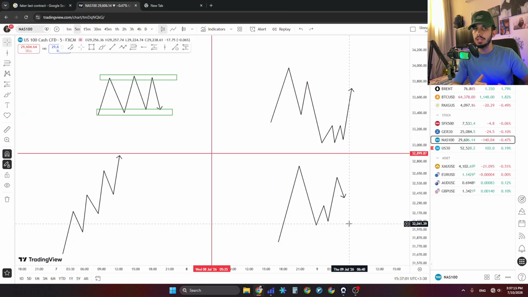So let's chart. Okay, what is liquidity at all? Guys, for example, there is an area that has too much potential in it, a lot of liquidity, lots of money. Why? Because, for example, I am a market maker and I want to trade $10 million. Okay, for example, $100 million.